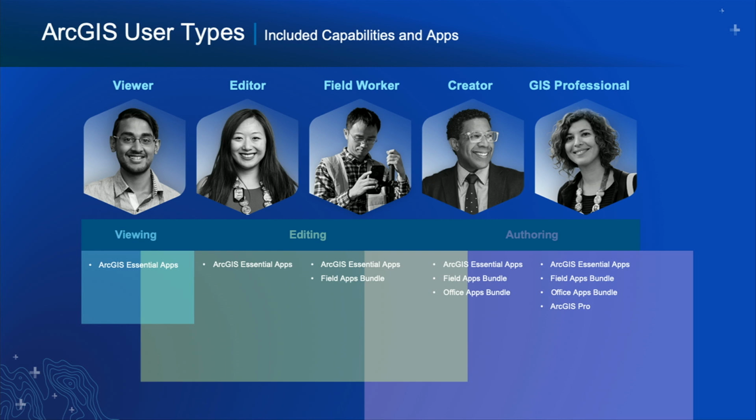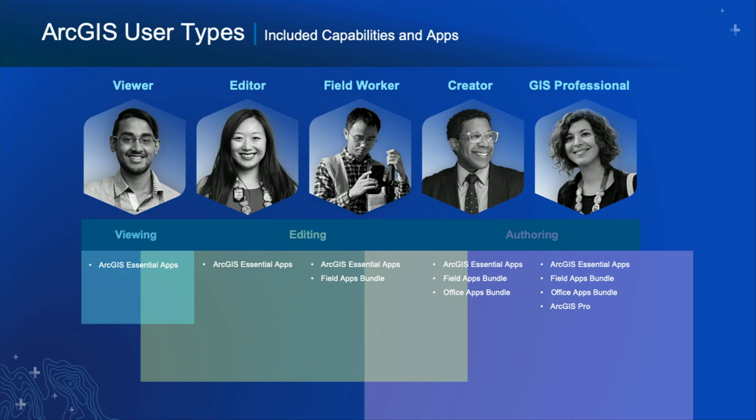Before we get going, one really important piece to touch on is the different user types that we have within ArcGIS. You heard about this in the plenary on Monday from Jack, and really the key comment he made was that this was an ask and a requirement that was coming from you, as in you needed more flexibility, a better way to manage your named users in your organization, and specifically for your field workers.